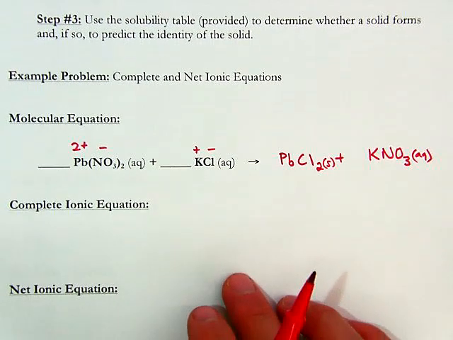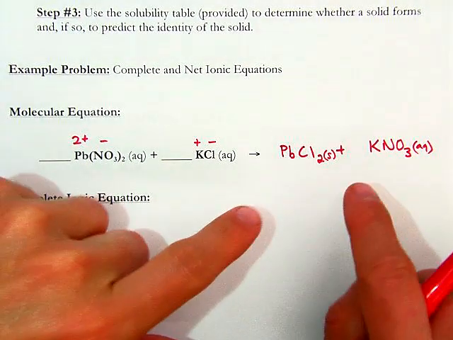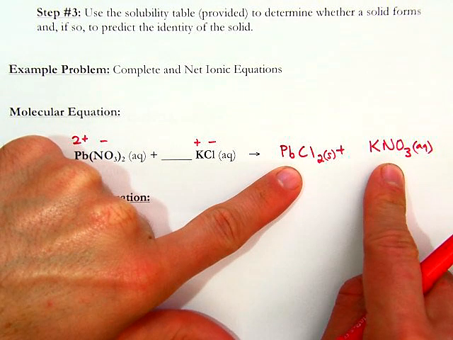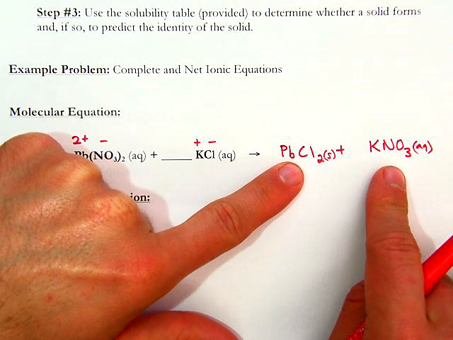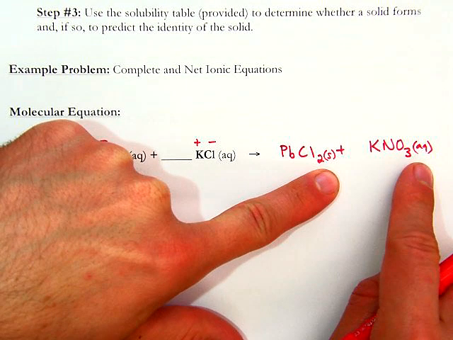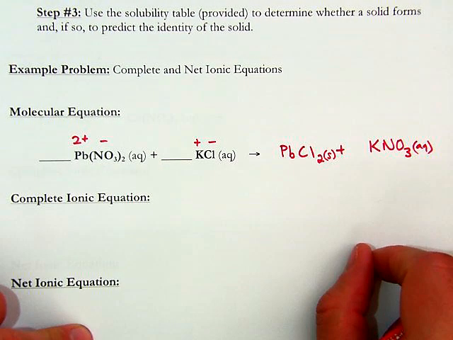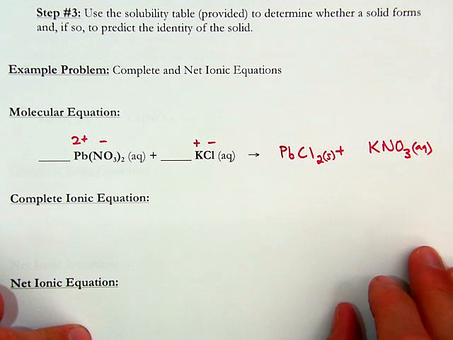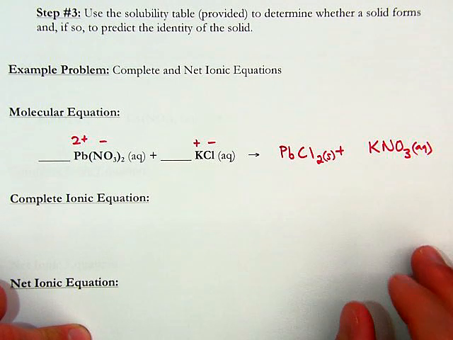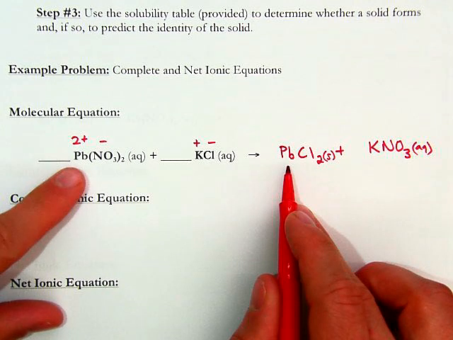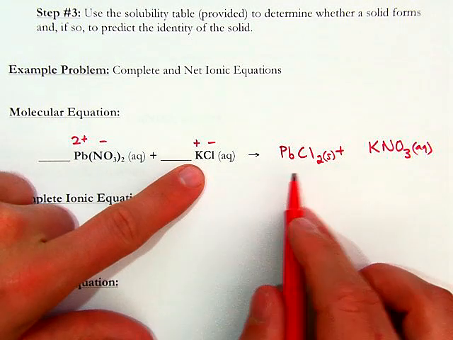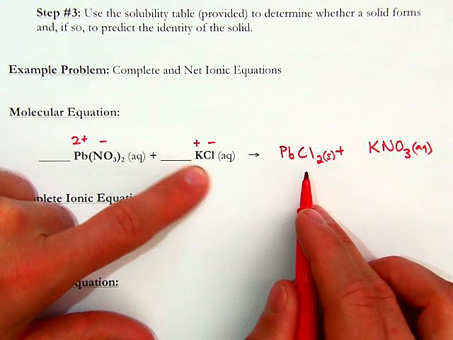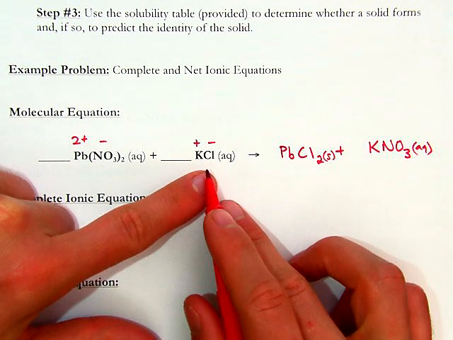Now, at this point, we have predicted our products, we've formed neutral compounds, and we figured out if a solid forms or not. Okay, that's good. We still have to balance the chemical equation. So now we're balancing. 1 Pb is on this side, 1 Pb is on this side, 1 K, 1 K, 2 Cls, 1 Cl here.